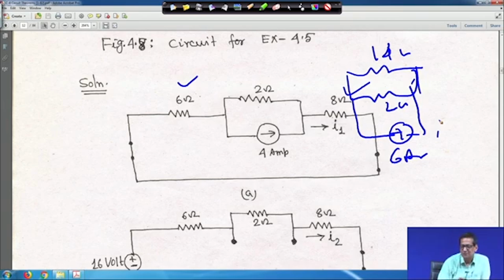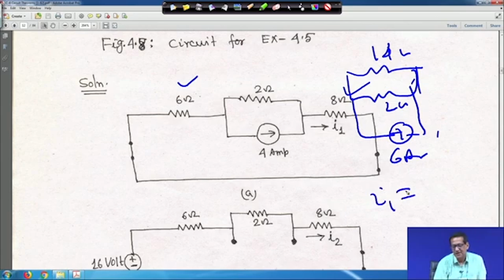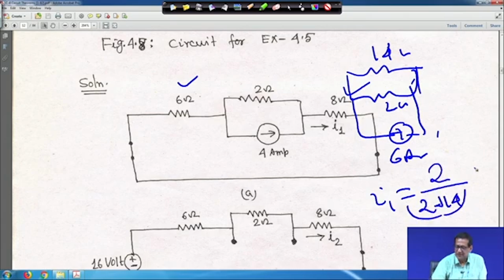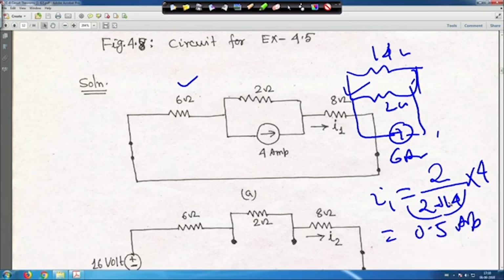So, what will be I 1? It is the current division method. I 1 will be equal to 2 divided by 2 plus 14, into 4 ampere. So, it will become 4 by 16, which is half, 0.5 ampere. So, I 1 will be 0.5 ampere.